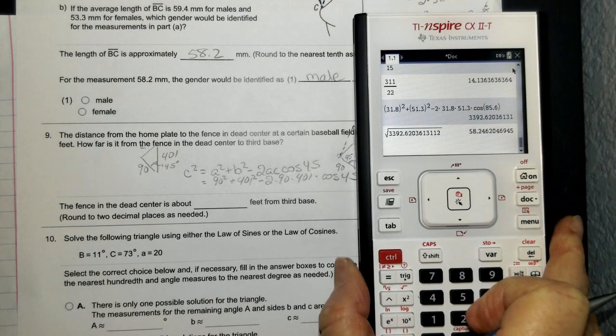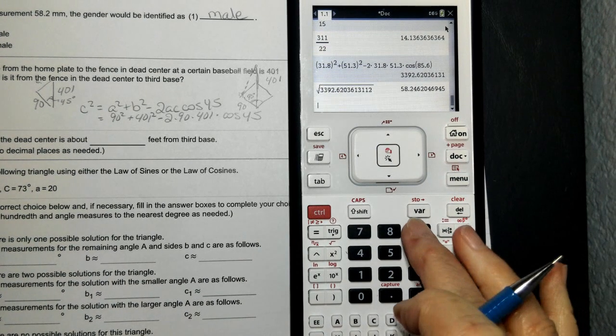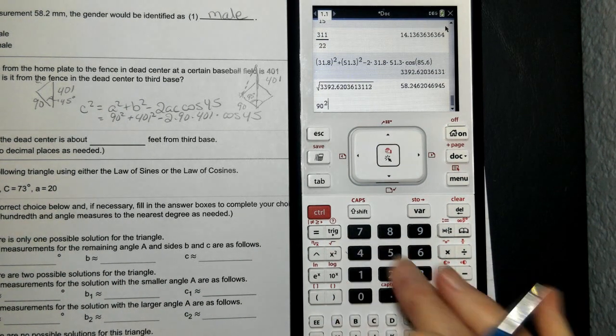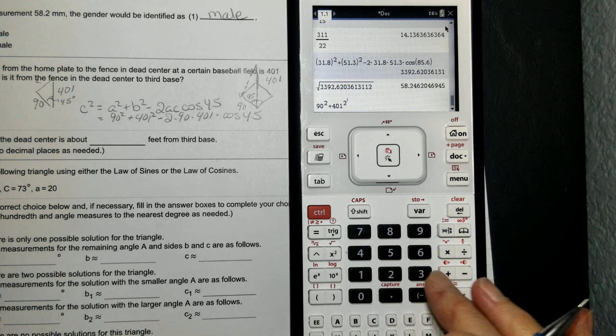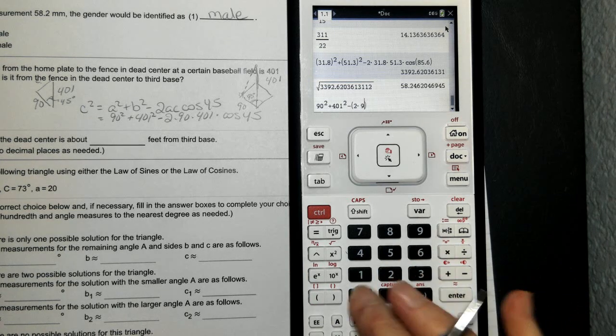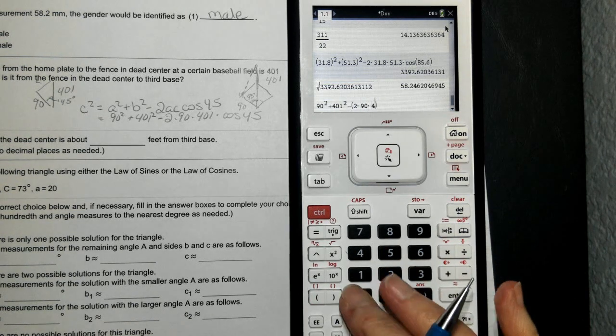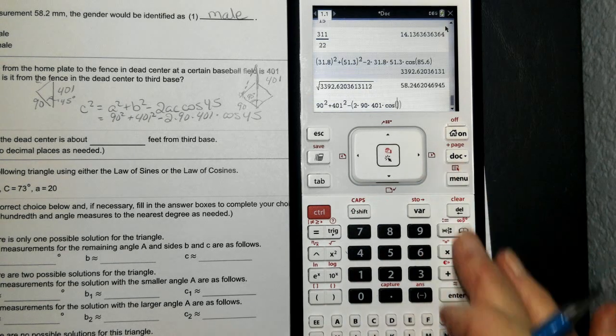Again, we'll be able to do all of that on the calculator, so let's see how we do. 90 squared plus 401 squared minus parentheses 2 times 90 times 401 times cosine of 45.